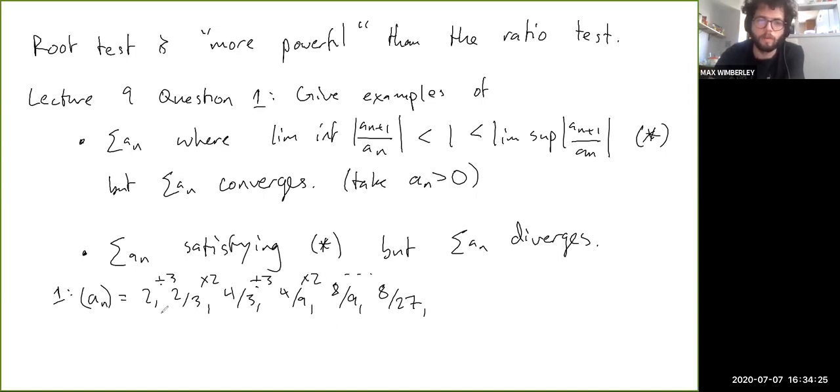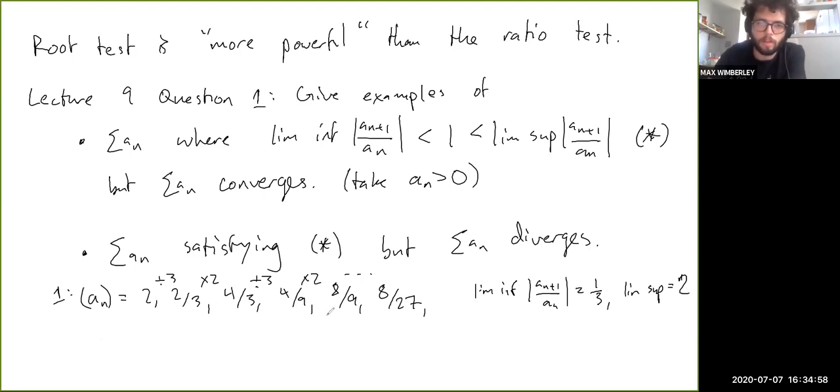Asymptotically, the terms are similar to (2/3)^n. So here the lim inf of a_{n+1} over a_n is 1/3, and the lim sup is 2. Clearly it satisfies these inequalities, and all the terms are positive.